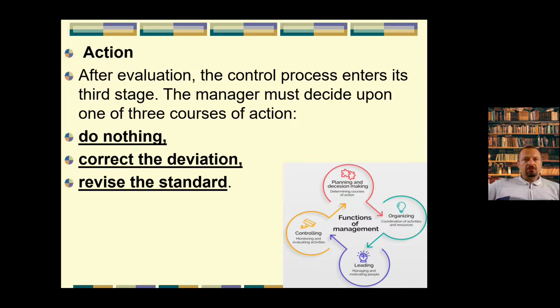And general action: do nothing, correct the deviation, or revise the standards. Generally, it is easy to explain these three actions with the help of the managerial cycle. If we found that all our objectives are attained, actually we can do nothing.